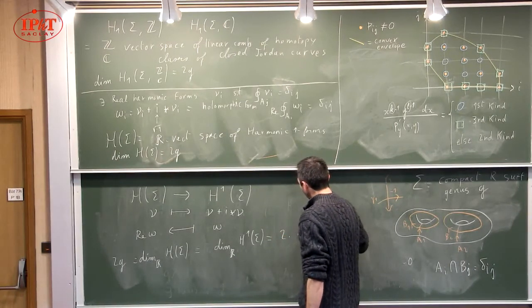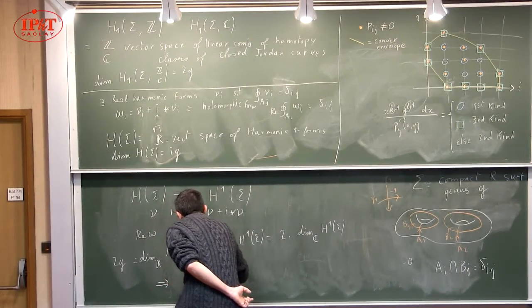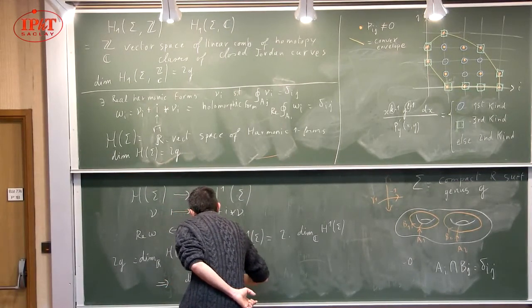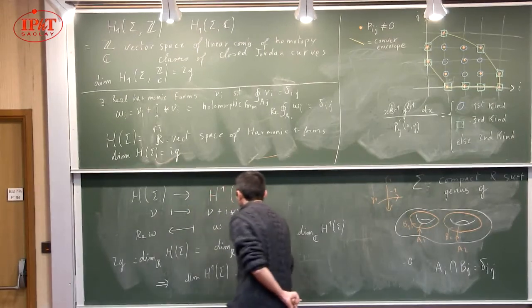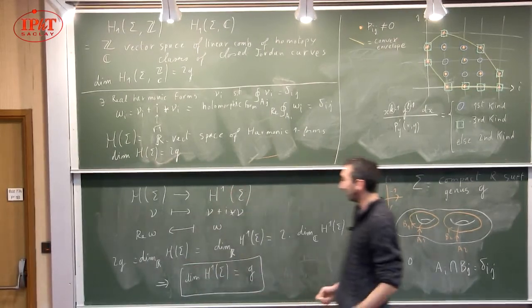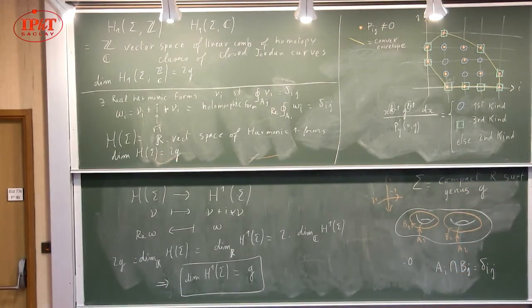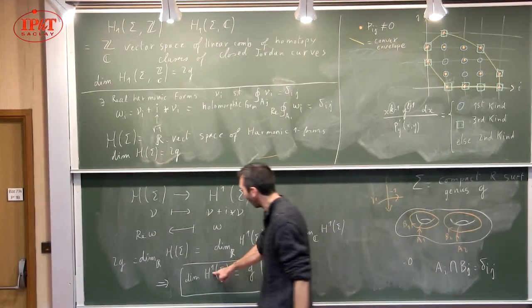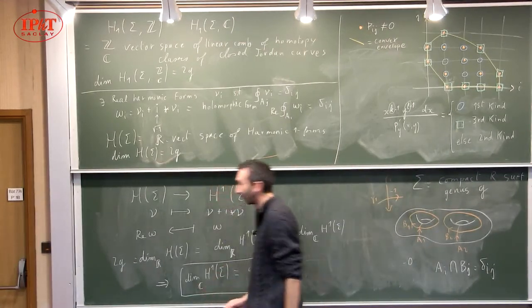So the dimension of H1 of sigma is G. It's the complex dimension, because I consider this as a complex vector space.